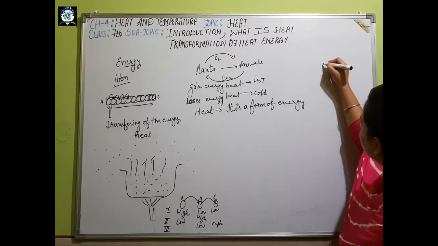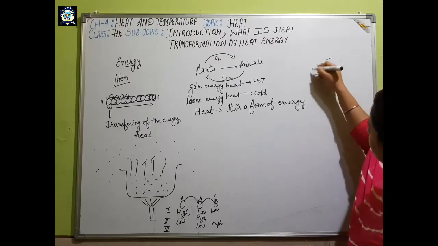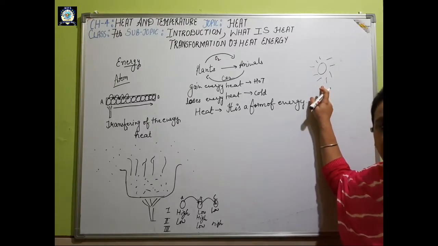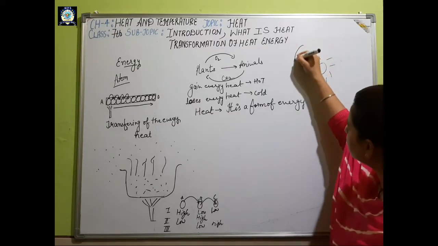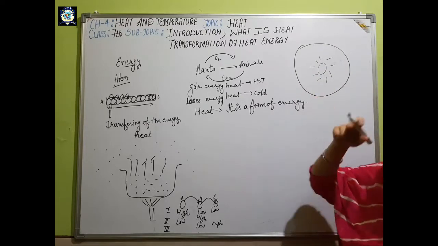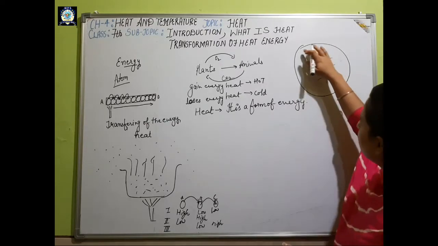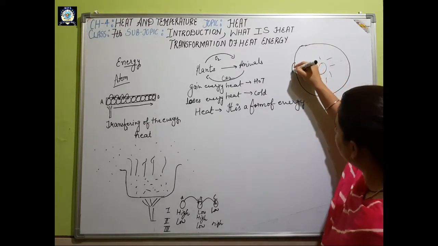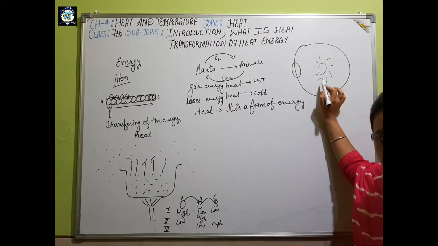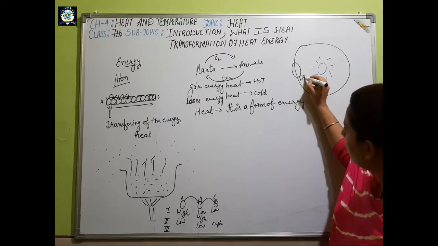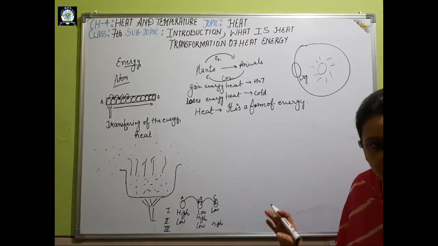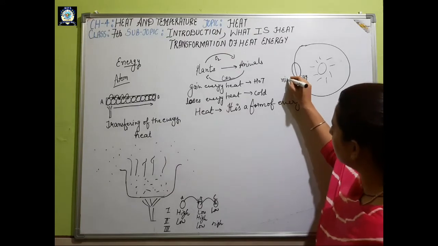Again, a simple example if you want to take to understand this line. So we know that the sun is the superpower because the sun is a source of heat and light both, and the planets are present beside this sun in circular orbits. If we take an example of earth, the part of the earth which faces the sun experiences day, and the part of the earth which does not face the sun experiences night.